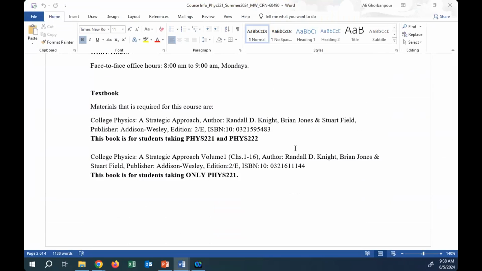You can buy the used one. I was checking last night, you can buy it for $10 or $15. But these books are available in the Learning Commons in the TLC building. How many of you know about the Learning Commons and TLC building? The next building, not this one, the other one, the library.